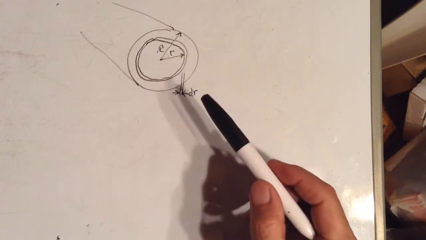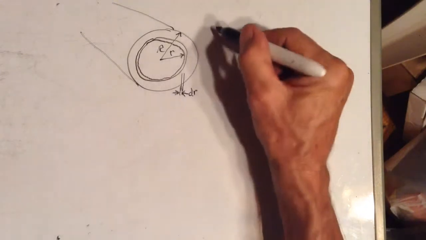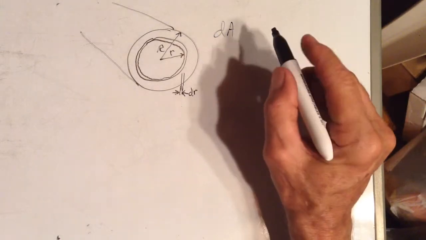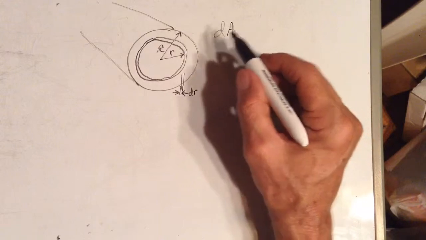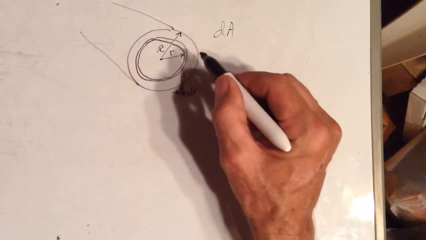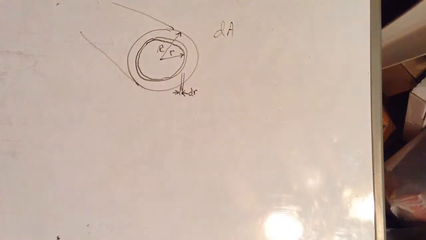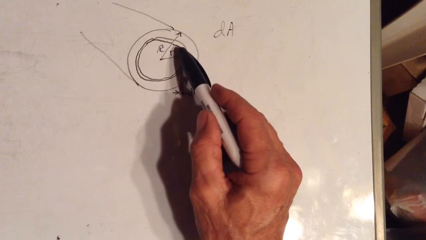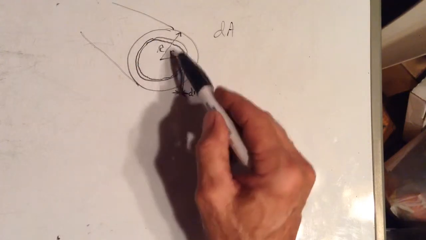Okay, let's let dA equal our incremental ring's area, a little sliver of area. Well, it's going to equal the circumference of the ring, which is 2 pi r. Anytime you have a circle, whatever the diameter is, you multiply that times pi, which is 3.141592, and that's what your circumference will be.